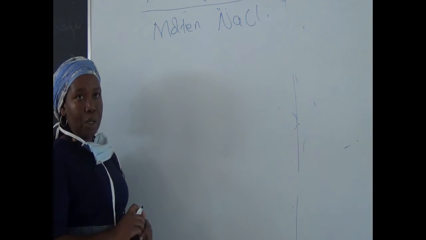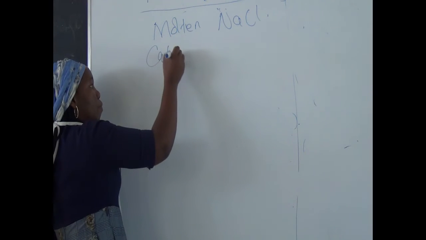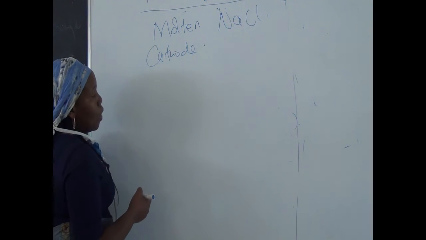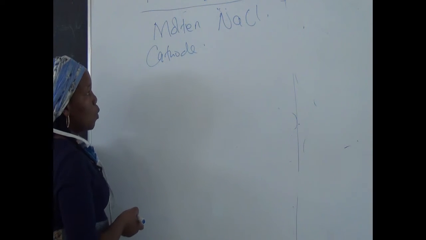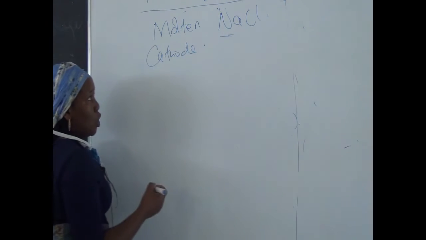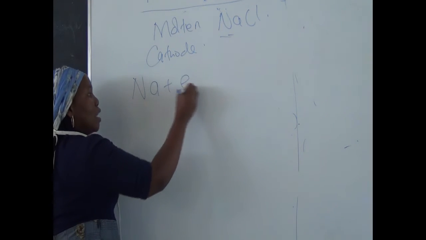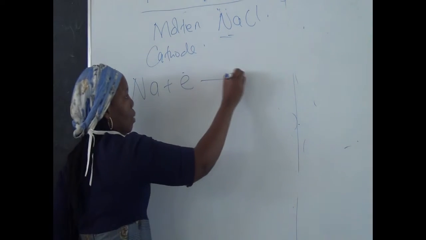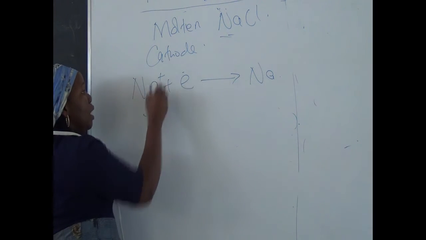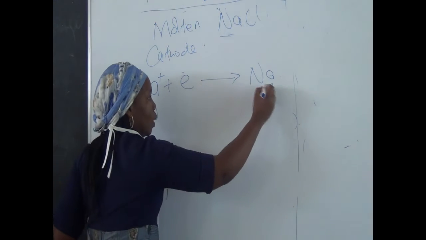So let us write the equation at the cathode. At the cathode, sodium ions migrate to the cathode. Sodium ions will accept an electron and become sodium metal, which is in solid state.